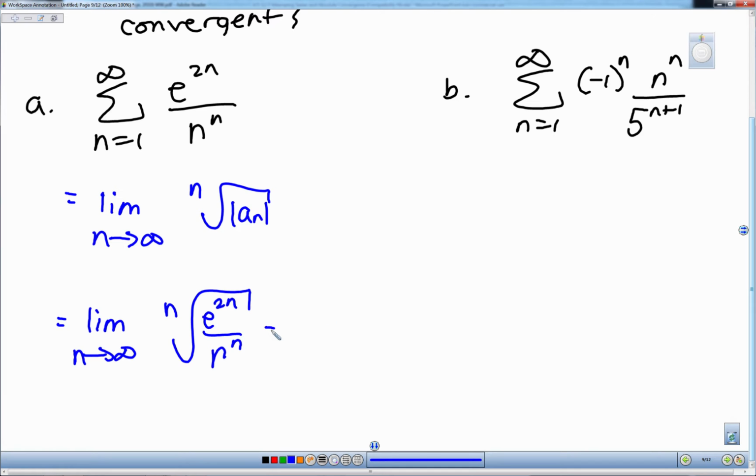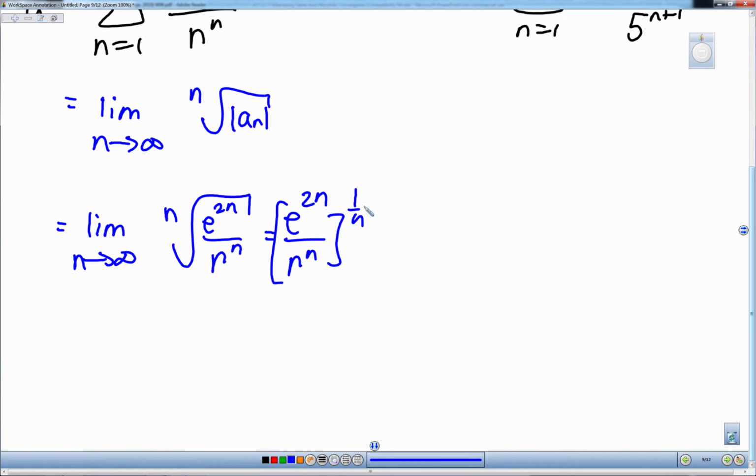Well, this looks intimidating at first unless you rewrite this as e to the 2n over n to the n, and this thing to the 1 over nth power. The nth root is equivalent to the 1 over nth power. Now when we simplify that, this doesn't seem as intimidating anymore. This is e to the 2n over n divided by n to the n over n.